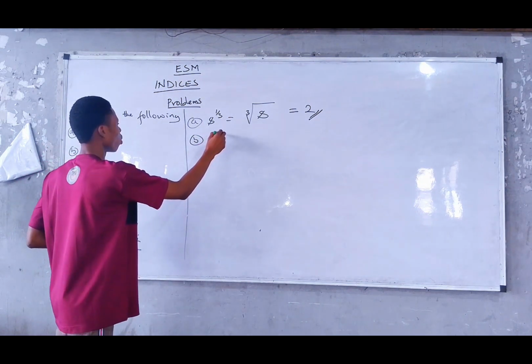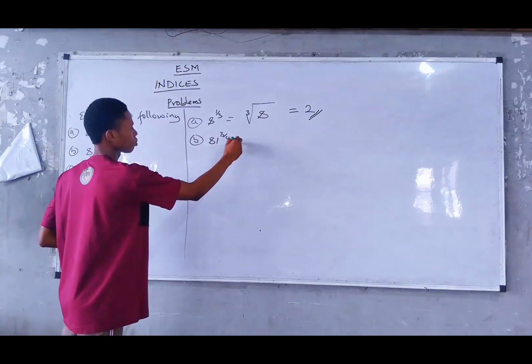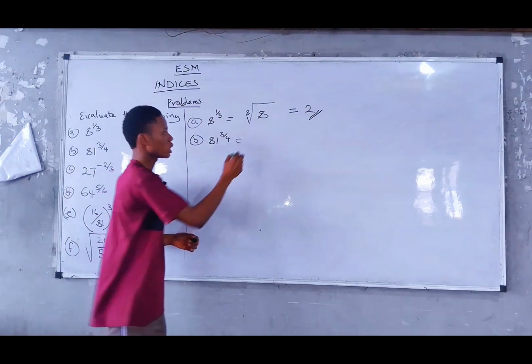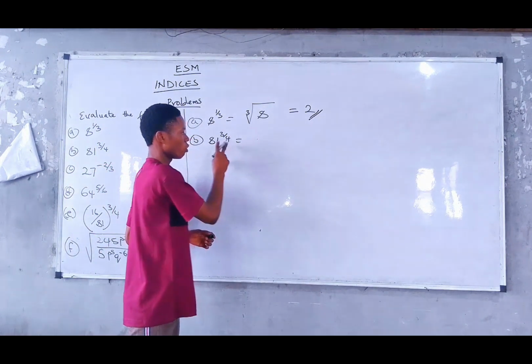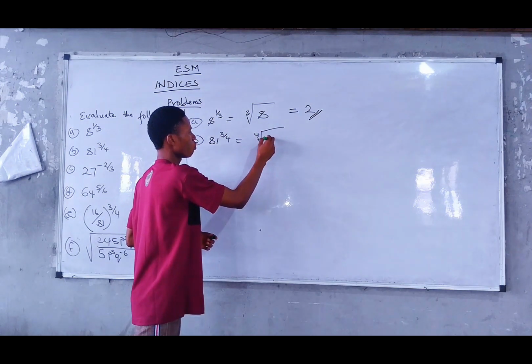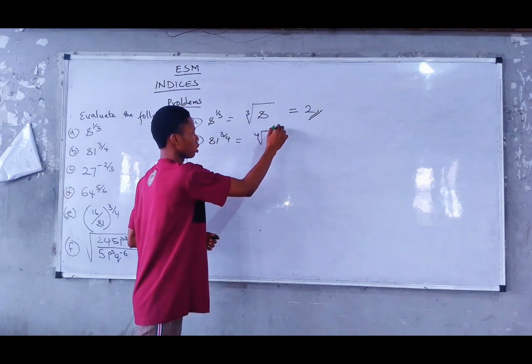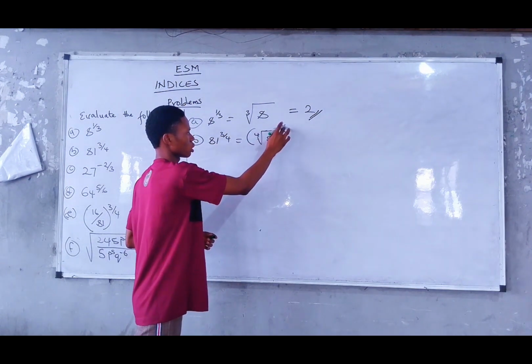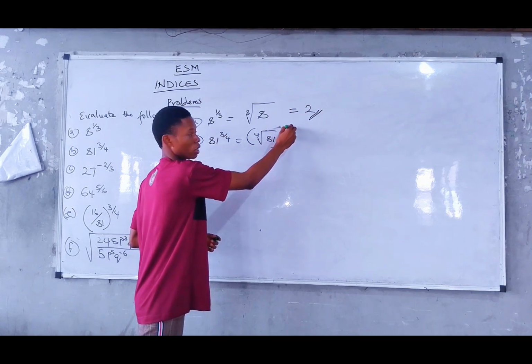B. 81 raised to power 3 over 4. Now this is what root? 4th root, right? So 4th root of 81, all raised to power what? 3, right?